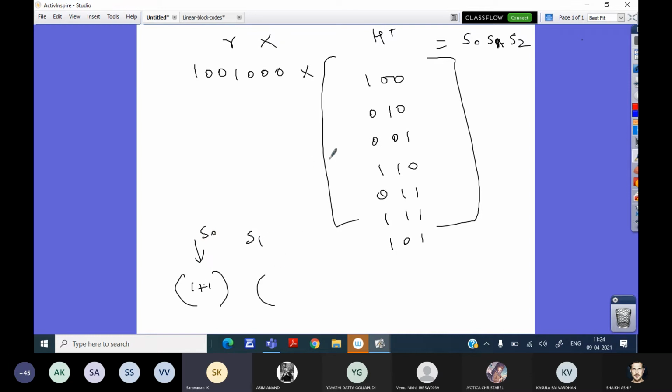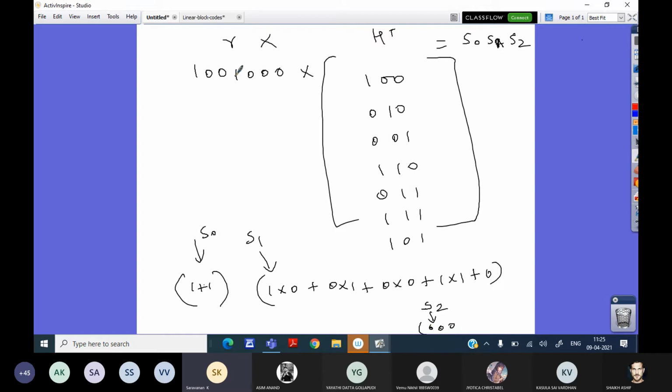So what is my S1? Can you tell me? 1 into 0, 1 into 0, plus. So you'll get 1, sir. Yeah, 0 into 1 plus 0 into 0 plus 1 into 1 plus, remaining all 0. So this is my S1 value. Similarly, I can find out my S2. 1 into 0, 0 into 0, 0, everything is 0.